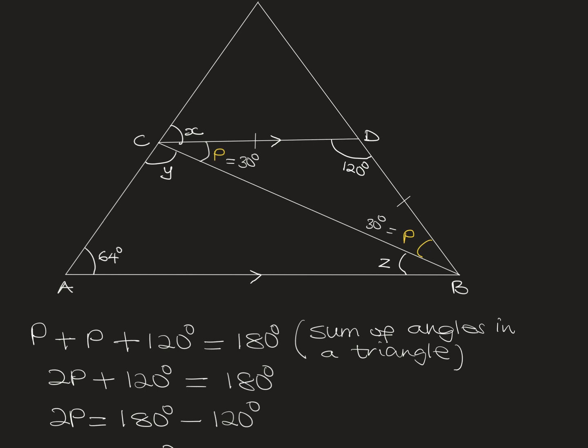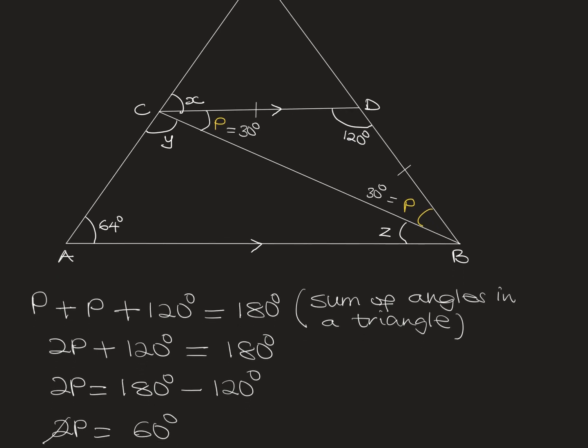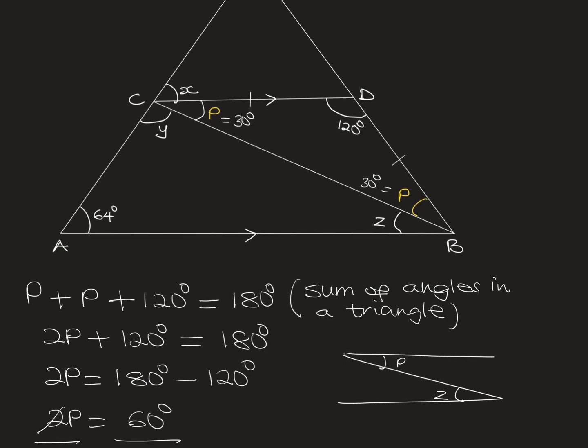Then what can I do to find x, y, and z? Well, if you consider these two parallel lines, and we've said that we have a transversal, this angle here P is equal to this angle Z. Okay, why? If you understand the concept of alternate angles, if this is P and this is Z, we say that alternate angles are equal.